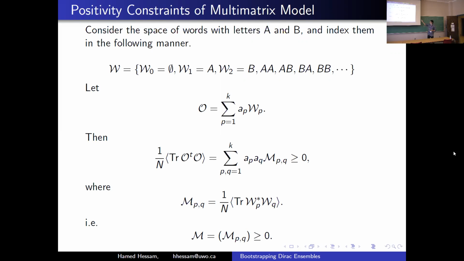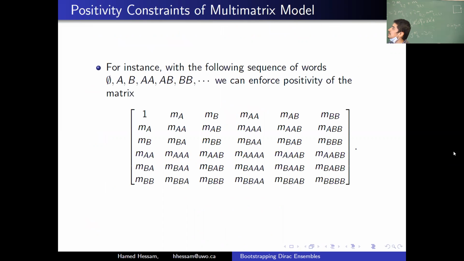So MPQ is 1/n trace of WP star conjugate WQ. It means the transpose of the word. If you have ABA, it becomes ABA. A3B2 star becomes B2A3. So this means the positivity of this matrix.